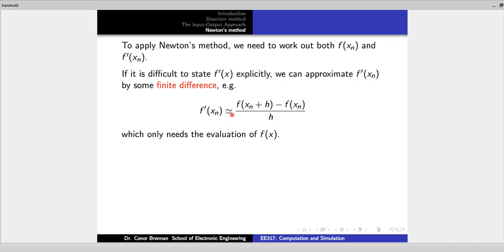Hence the little squiggly equals here, which means approximately. So in the absence of knowledge of the derivative, we can approximate it by this finite difference approximation, which is nice because it only requires being able to work out f at xn and at xn plus a little bit. And we choose a small value.